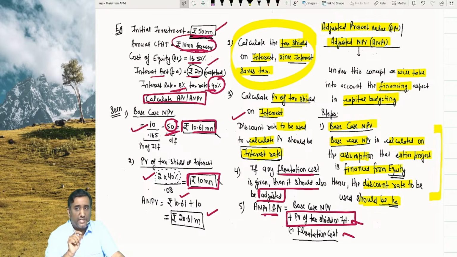But if the debt is taken, then the tax shield on the interest will increase NPV.